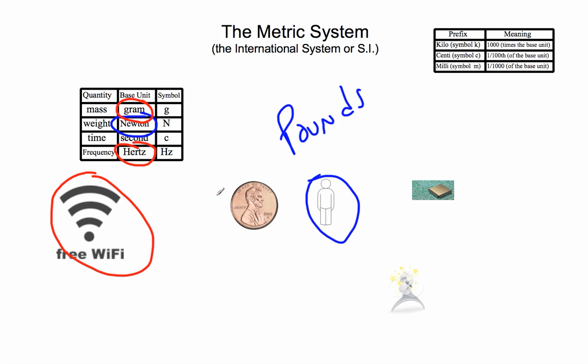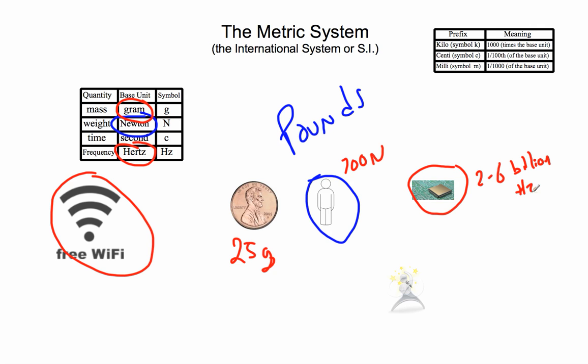These are the symbols. For example, a penny might have a mass of 25 grams. A person might have a weight of 700 newtons. A computer chip might run with a frequency of about 2 to 6 billion hertz.